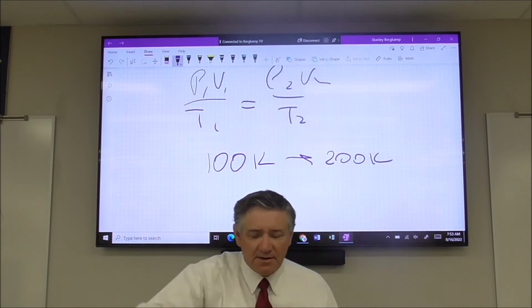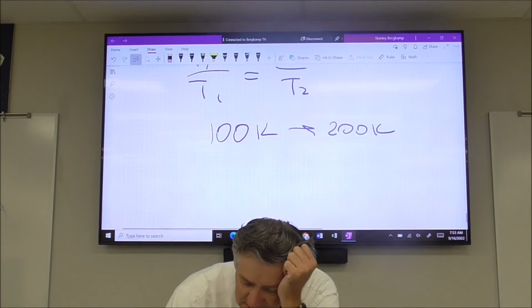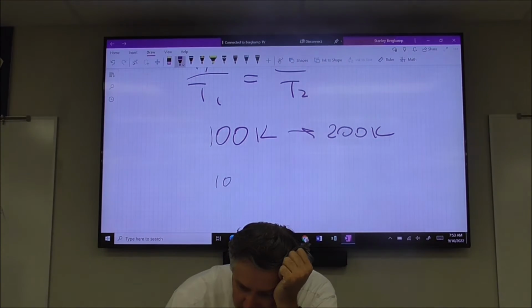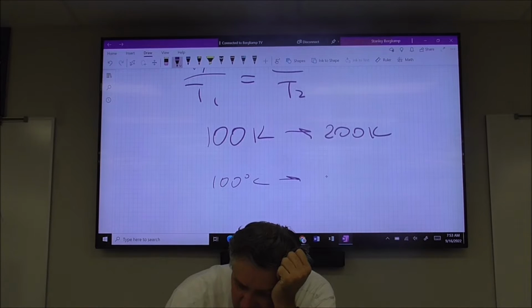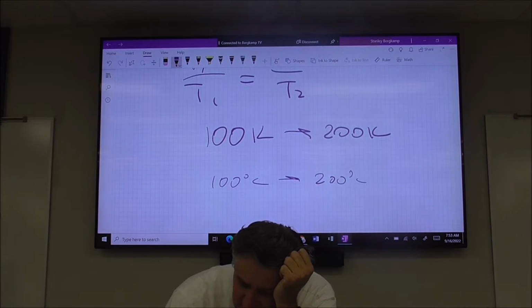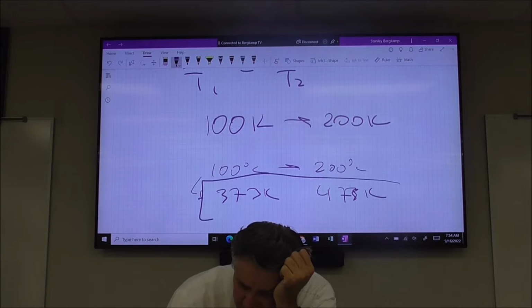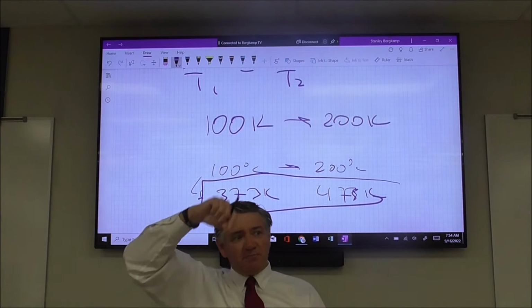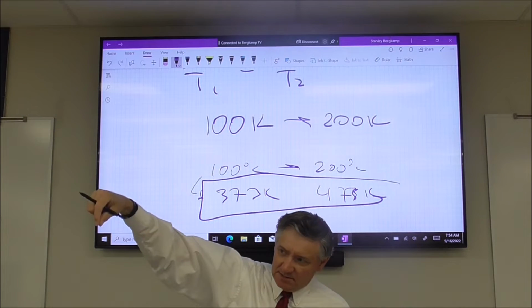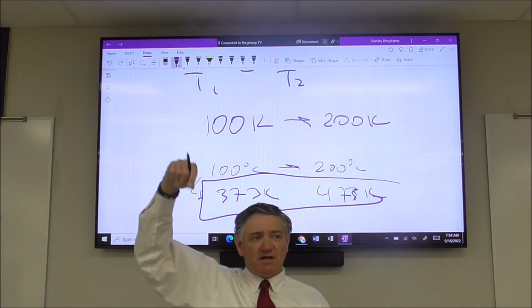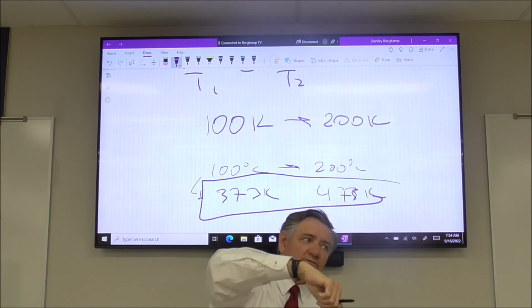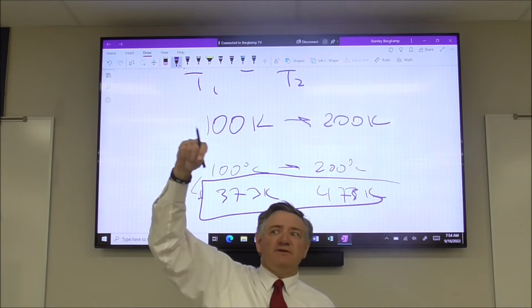But if you're at, say, 100 degrees Celsius and you warm up to 200 degrees Celsius, well, 100 degrees Celsius is 373 Kelvin. 200 degrees would be 473 Kelvin, okay? So that's why doubling a Celsius temperature is not the same as doubling on the Kelvin scale.